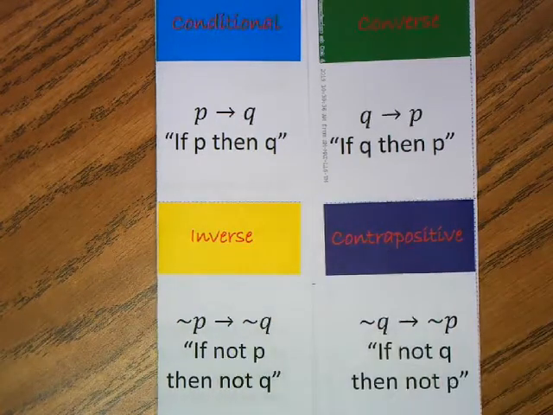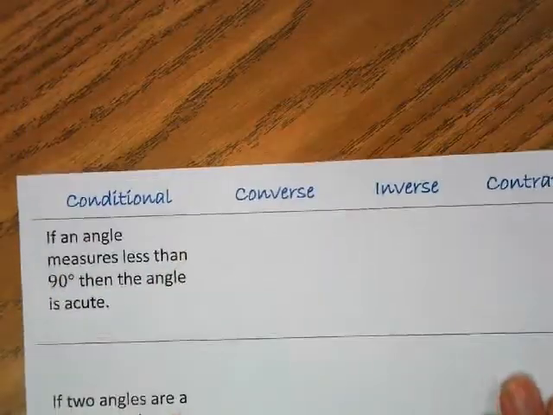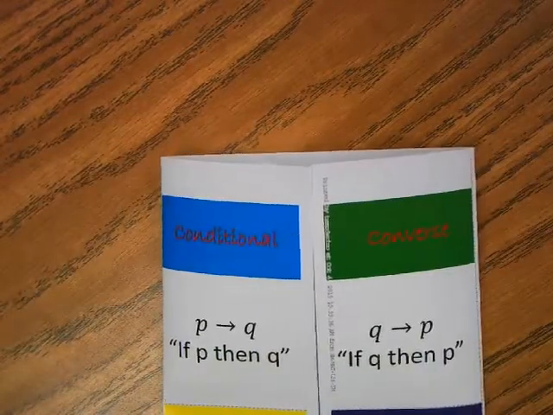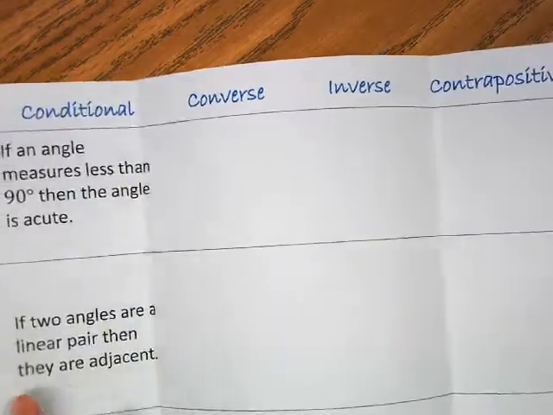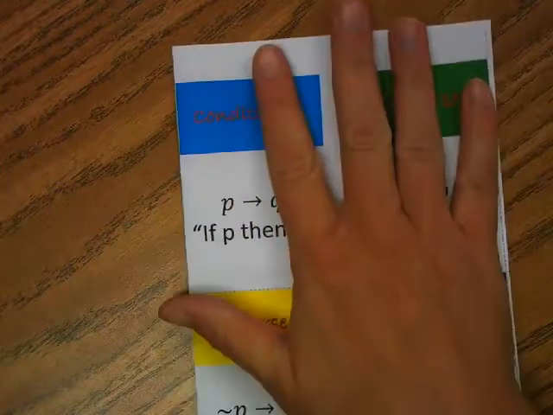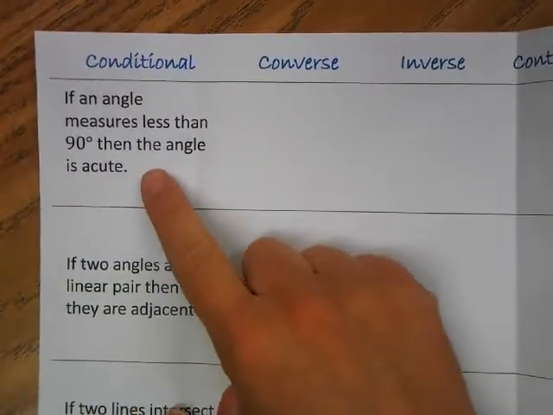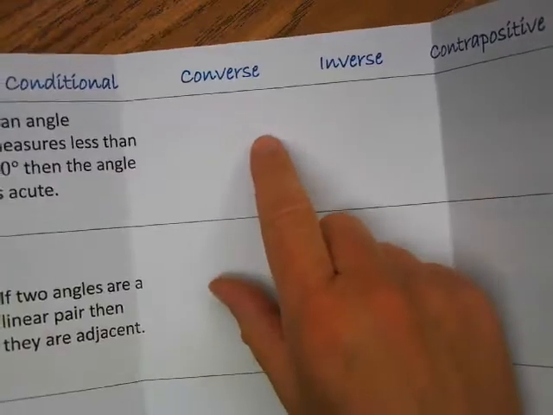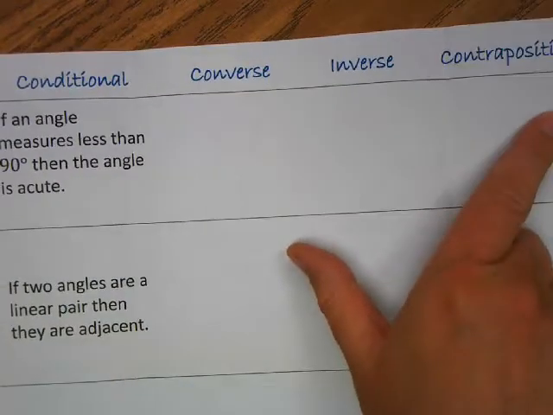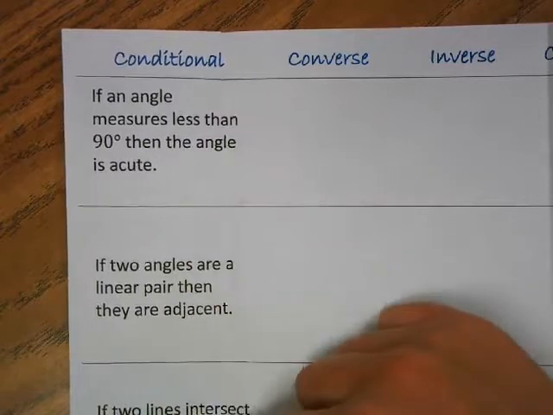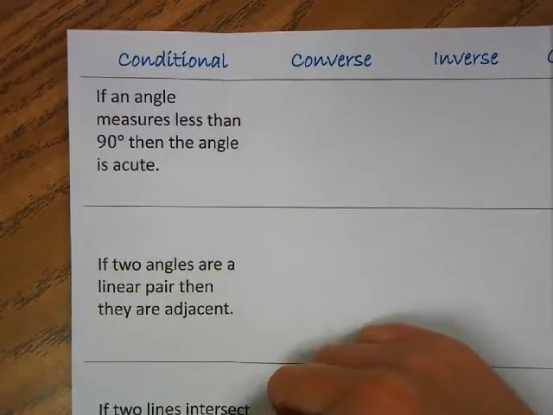So if we're going to practice this, open up those flaps now, and you're going to be able to get some practice. Inside your flaps, if you fold it towards the middle, inside you're going to be writing converse statements, inverse statements, and contrapositive statements based off of the given conditional statement.